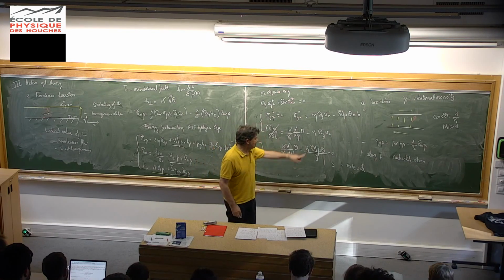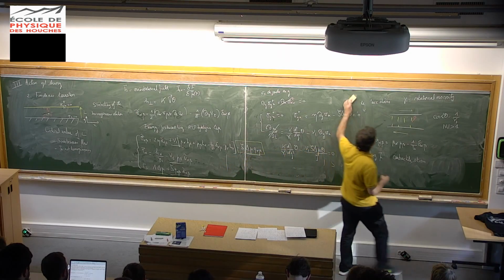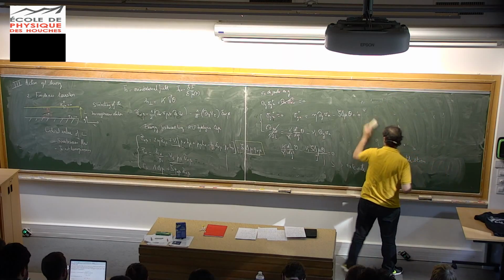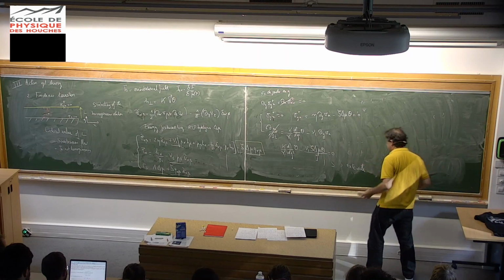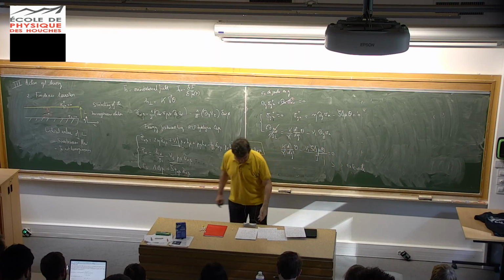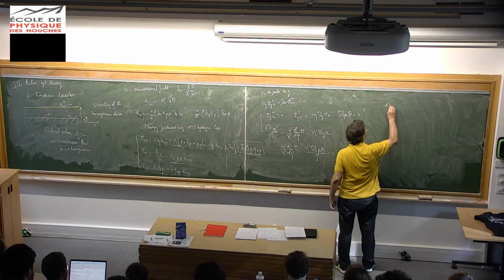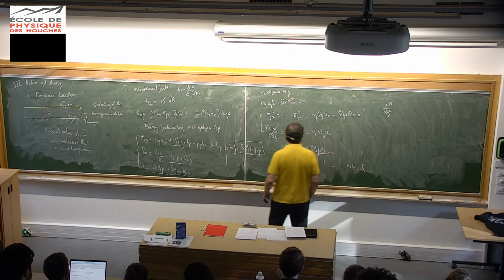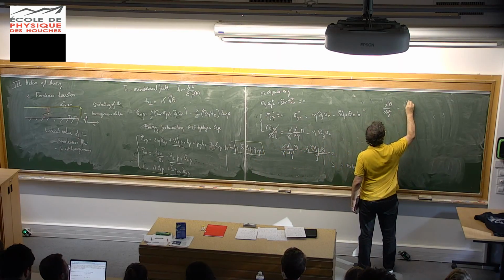Now I will divide to make it look like an equation I know. So I write d2 theta dy squared minus zeta delta mu.